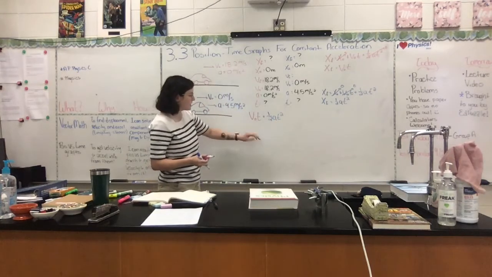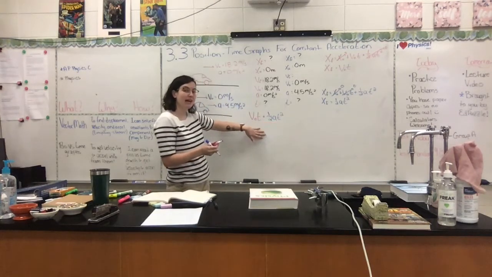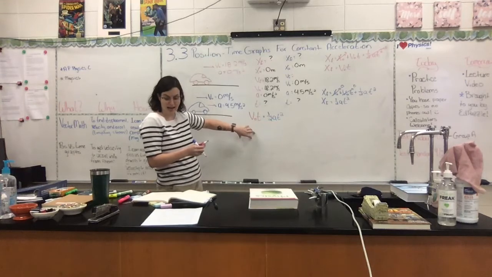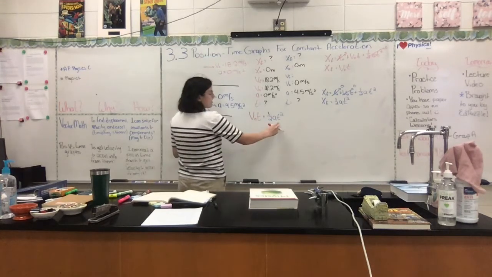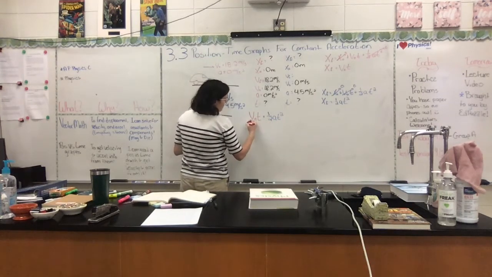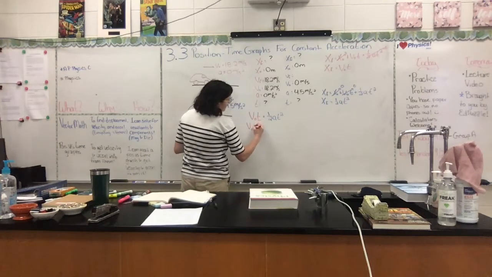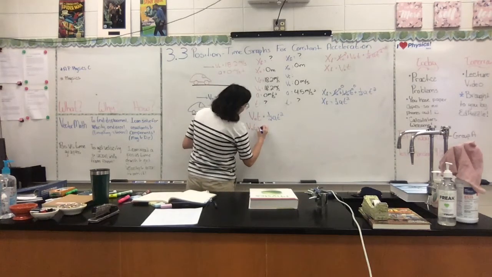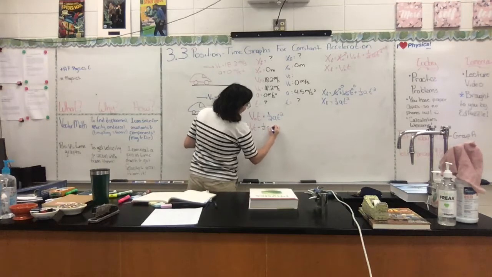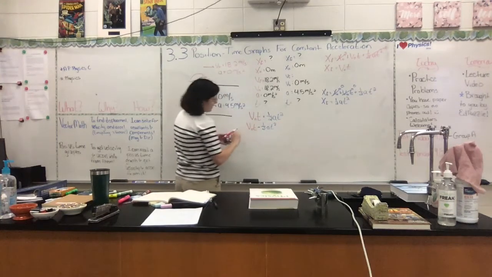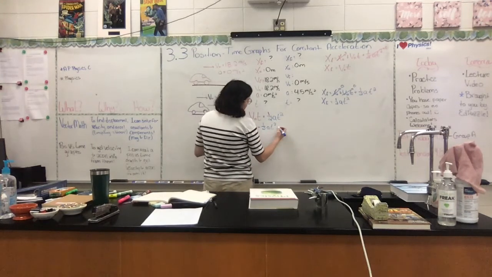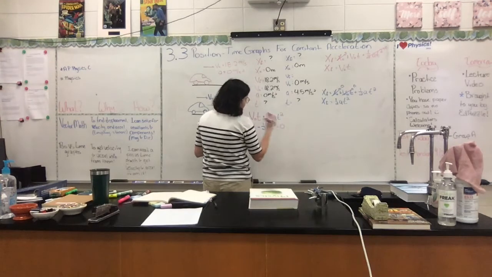Just like previously, we want the t's to be together on the same side. So I'm going to subtract over the cop's. I'm going to have v naught t minus 1/2 a t squared is equal to 0.